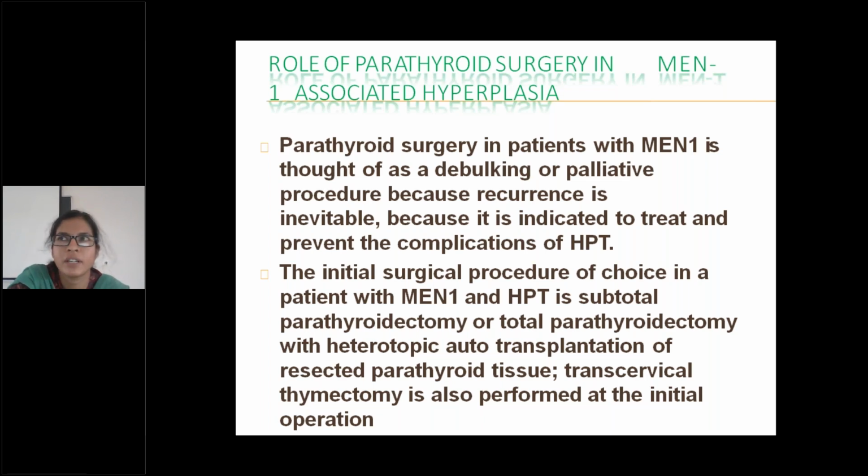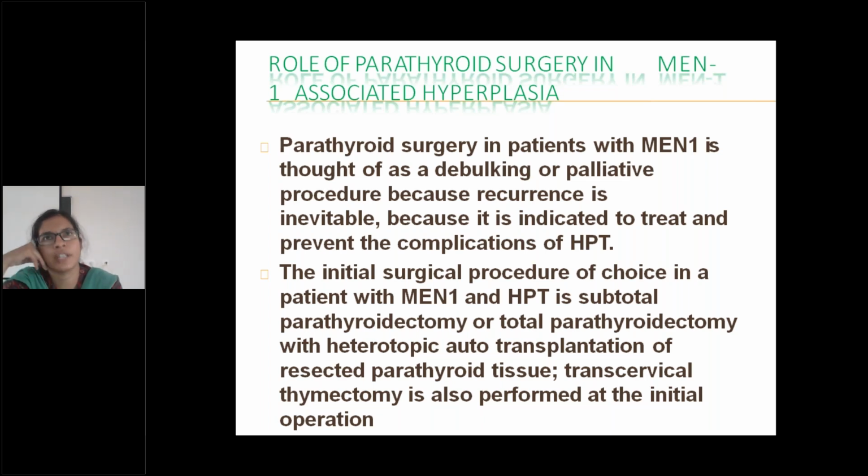If a patient comes to you with suspected multiple endocrine neoplasia 1, the patient may have hyperparathyroidism, pancreatic tumor and pituitary tumor. The most common are hyperparathyroidism and pancreas.